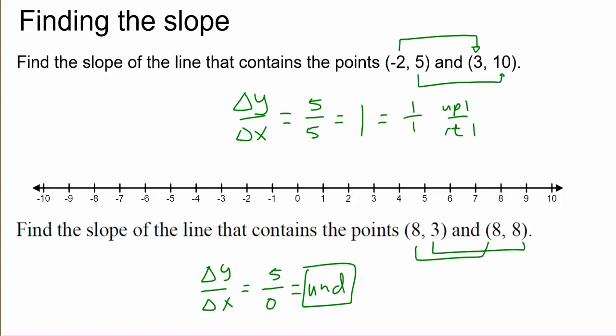Now, what happens when we're dividing by 0 graphically? Here's our xy axis. We've got a point at (8, 3) and a point at (8, 8), which would be above it. That makes a vertical line, and we know that vertical lines have undefined slopes. We're dividing by 0 because our x values are the same.